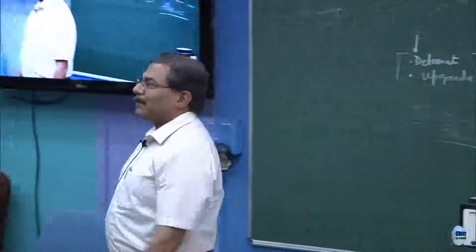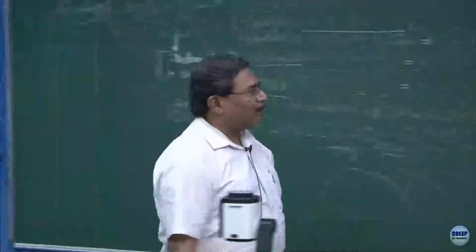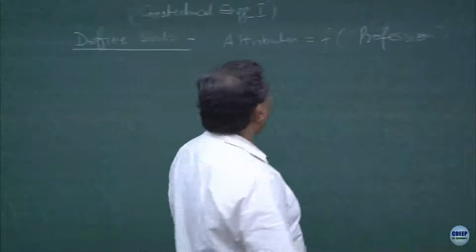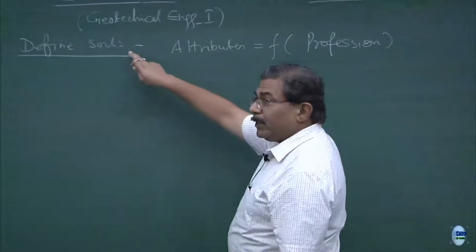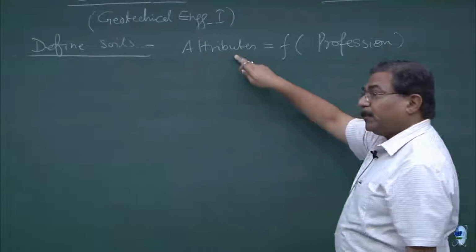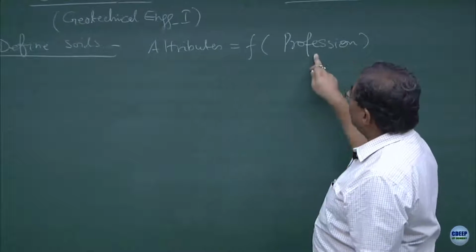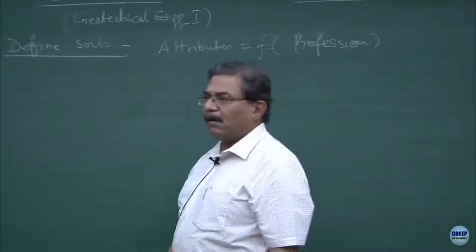What is the meaning of this? What is your name? Say your name at least. Ashish. So, the definition of the material depends upon the attributes which are profession dependent.